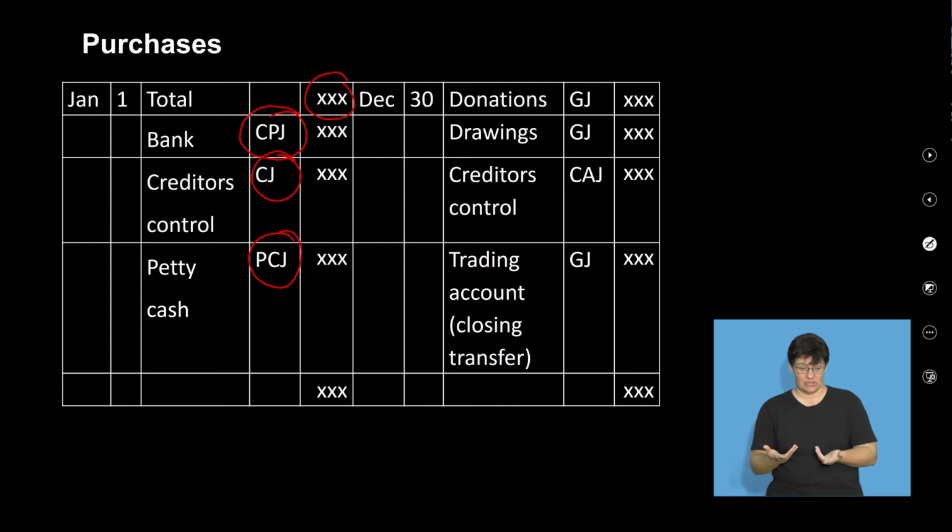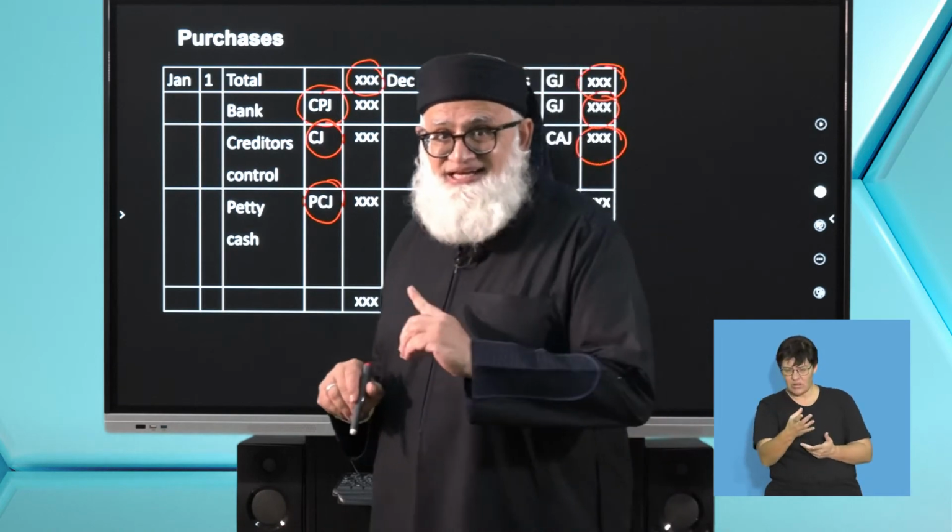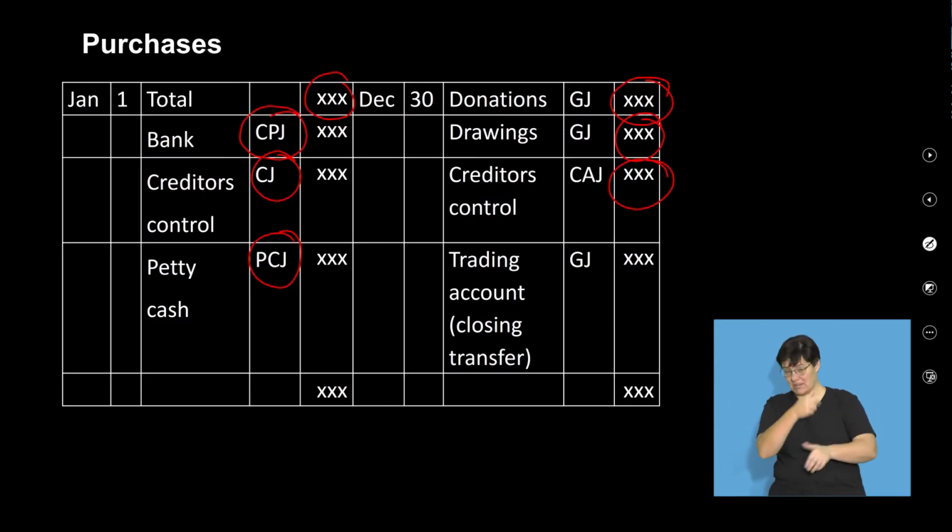How did my purchases decrease over the year? Watch, it's your donations, it's your drawings, and it's your creditors control. Remember I spoke to you about the creditors allowances? That's the return that I'm referring to. And then obviously, this is the amount that you're going to transfer from there into your trading account.